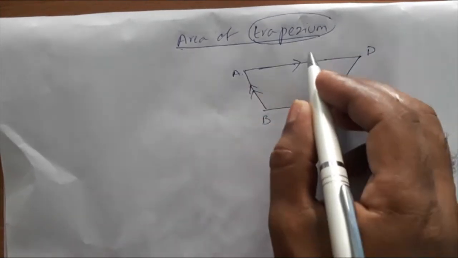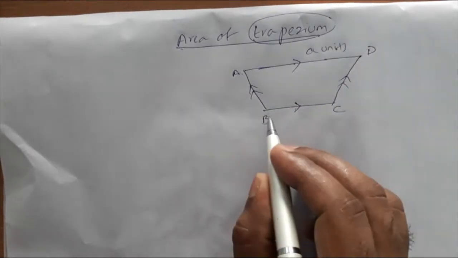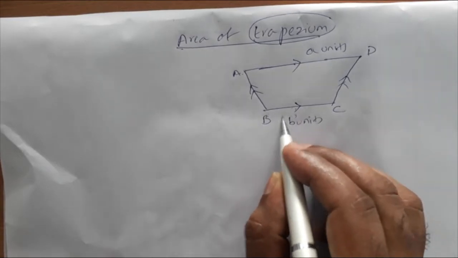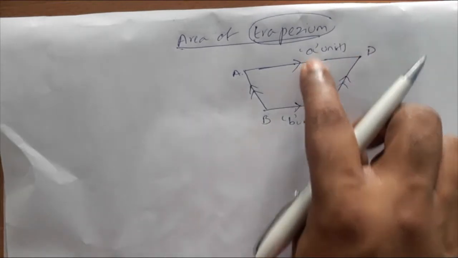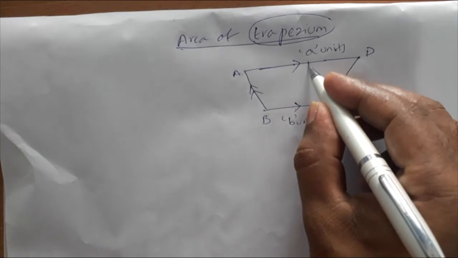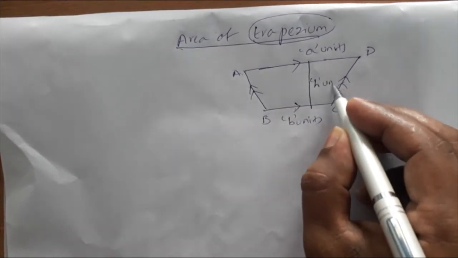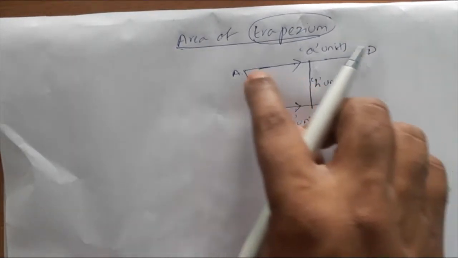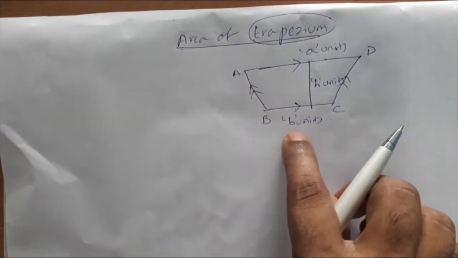Let us mark AD length as a units, BC as b units. Now let us take the height of the trapezium as h units. So height I took h units, AD I took a units, BC I took b units.